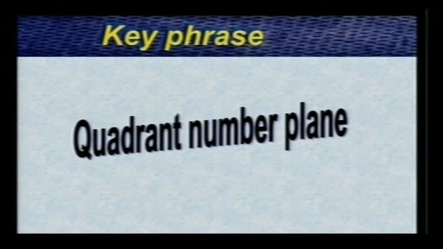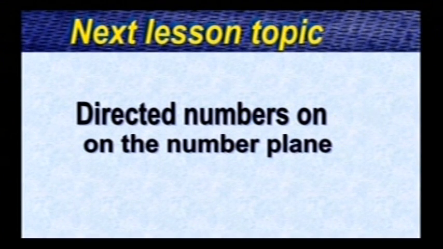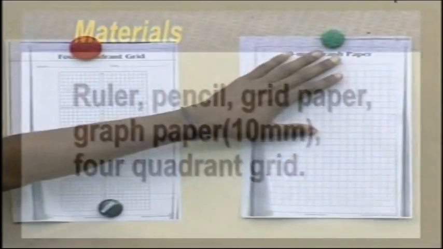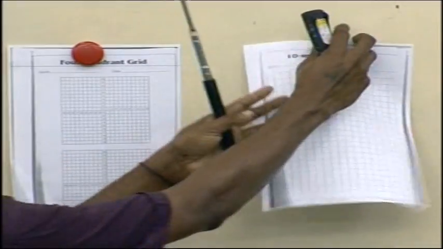Now class, what is our key phrase? Quadrant, number plane. Our next lesson topic is on directed numbers on the number plane. And the materials for the next lesson are ruler, pencil, grid paper, graph paper. Receiving teacher, sorry. When I talk about graph paper, I mean something like this.